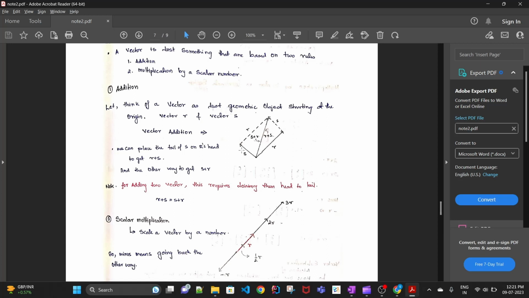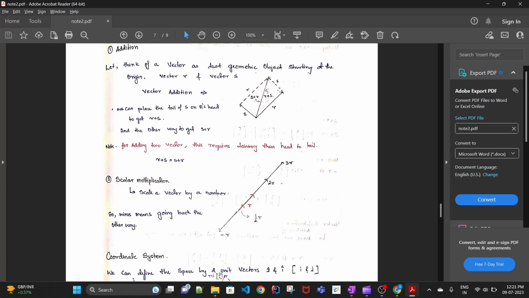So if we project the vector s over here such that it touches the head of the vector r, we can draw a line connecting the tail of r to the head of s. This newly formed vector is nothing but the sum of the vectors r and s. So this is how we do addition of vectors.